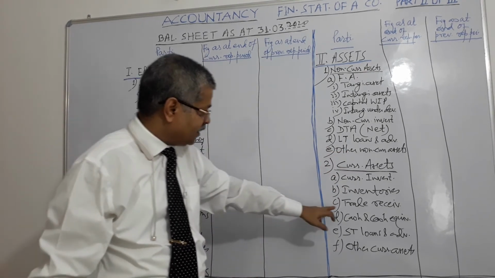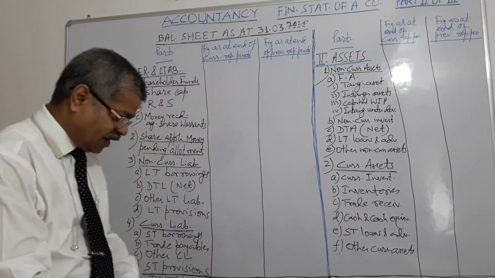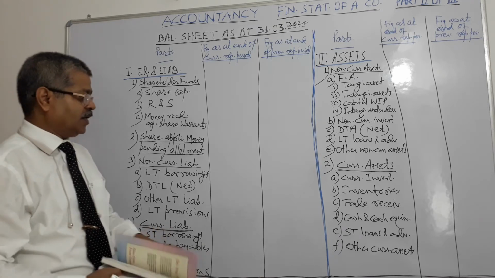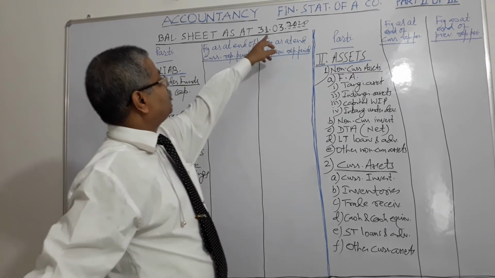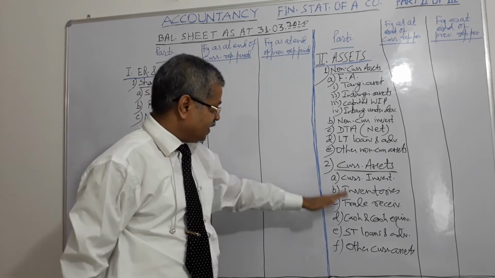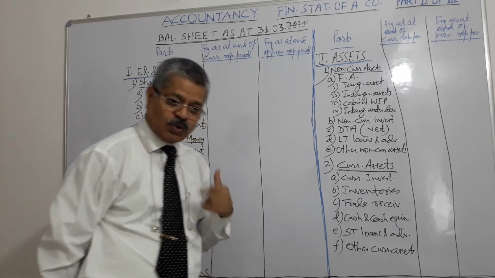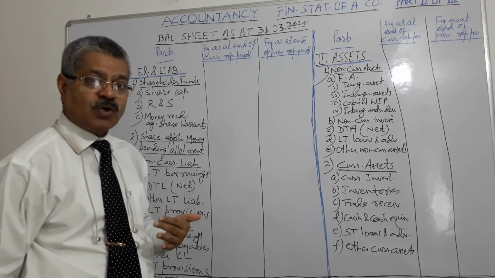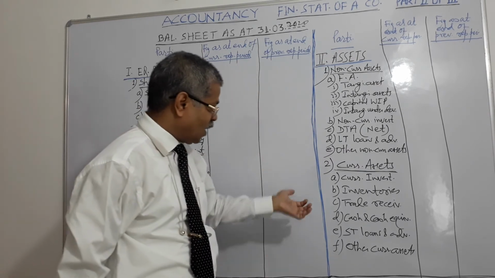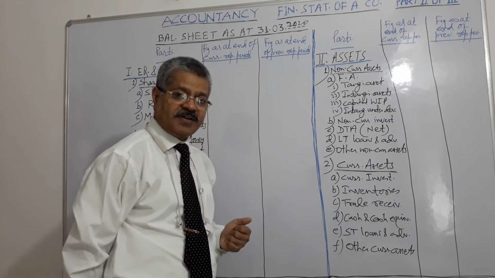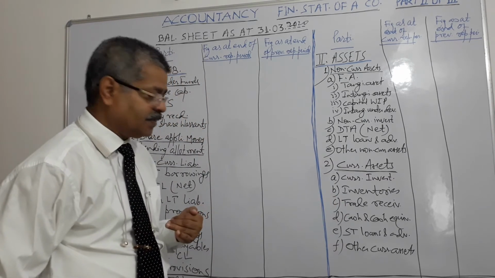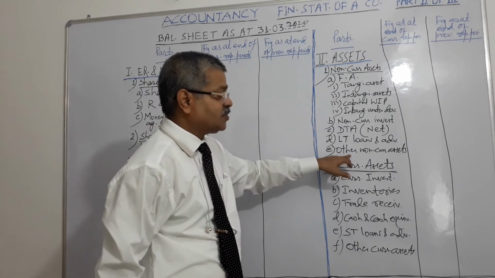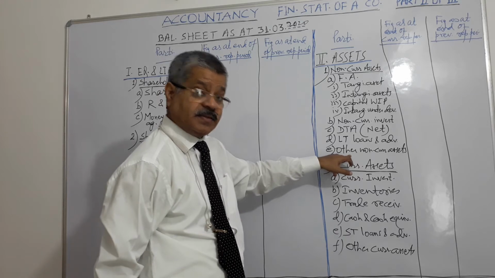Right? Trade receivables. The company has sold on credit, and it is expected to be realized within 12 months from the balance sheet date, then it is current assets. Those trade receivables which have come under doubt of payment, where the company doubts that it will recover the payment, that part should be classified as other non-current assets, right?